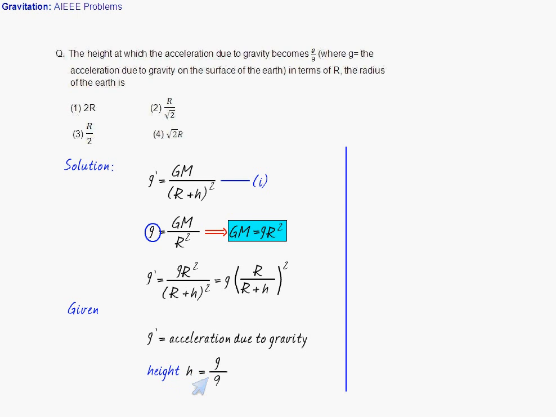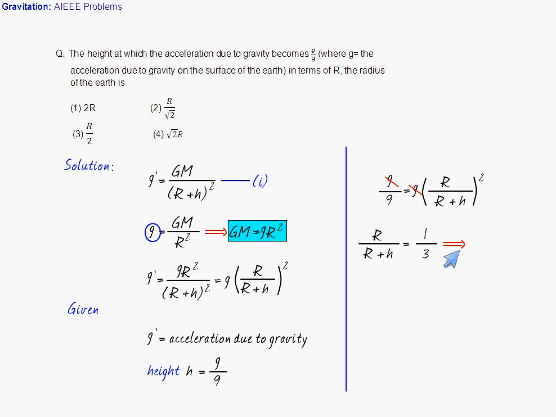So substituting this value, we get g by 9 is equal to g times (R by R plus h) whole square. So g will be cancelled, and we can take the square root of (R by R plus h) whole square. So we will get R by R plus h is equal to 1 by 3.